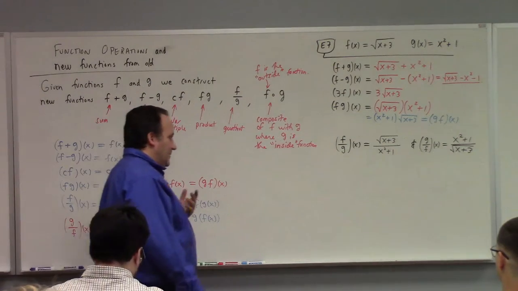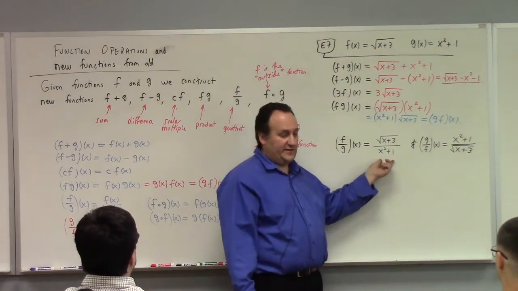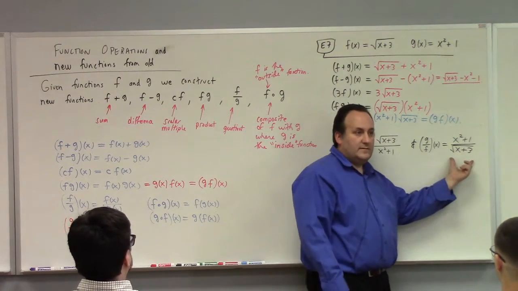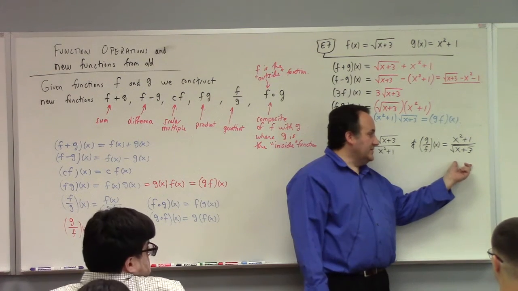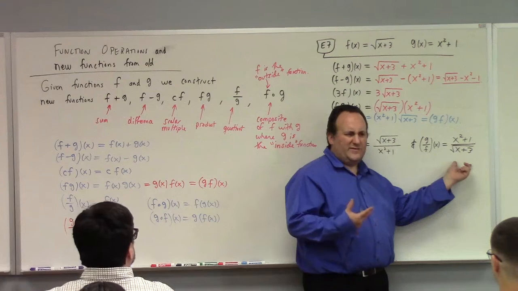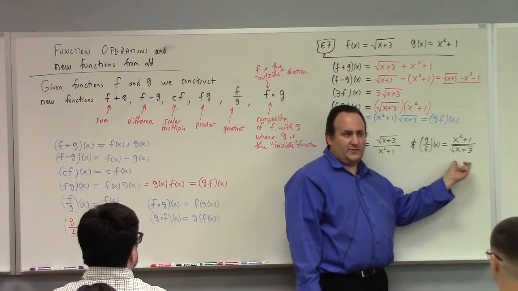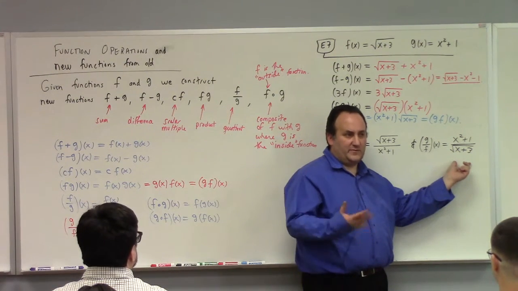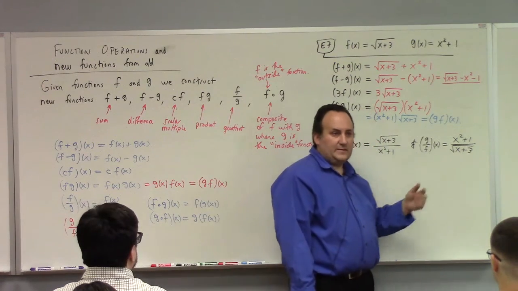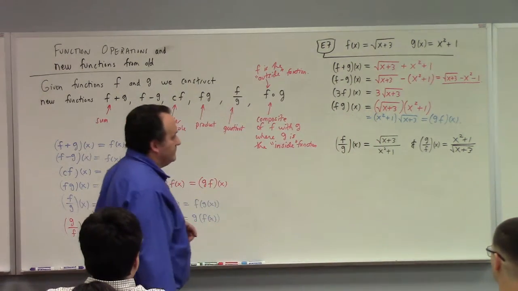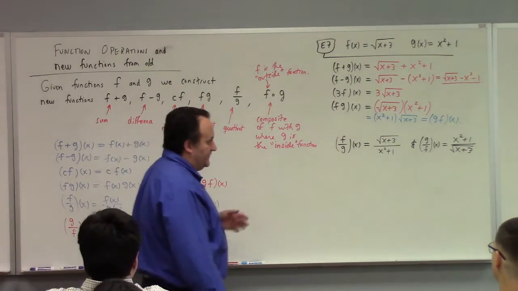But that's not an issue for this, right? x squared plus 1 is non-zero, so really no strings attached. On the other hand, this guy, -3, is out, right? Of course, before even that, what else do we need? We need x plus 3 to be non-negative anyway, in order for this to be a square root, which is a real valued thing, yeah? So the domain for this function would be like -3 to infinity. But anyway, I don't want to say too much about domain in this discussion. I'm really more focused on the formulas, all right?